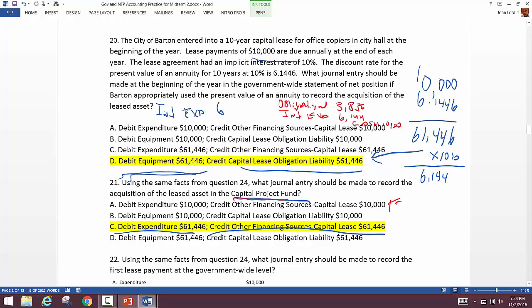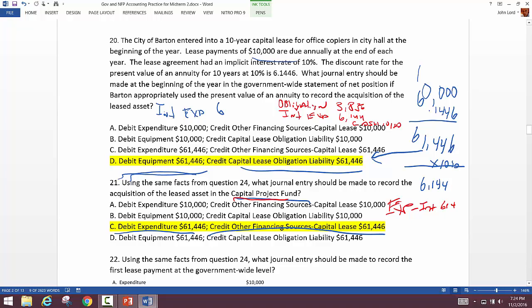Debit expenditure. You want me to put a label on that expenditure? Expenditure interest, 6,144?